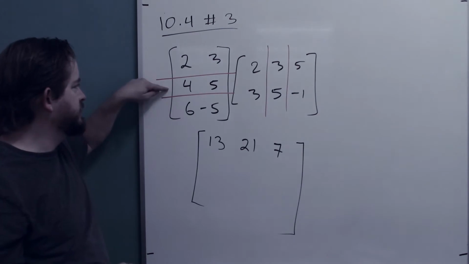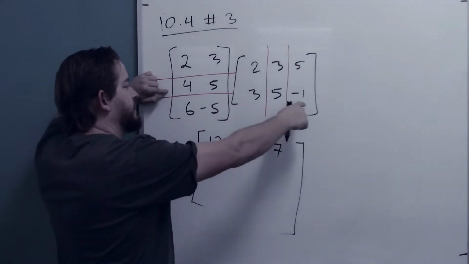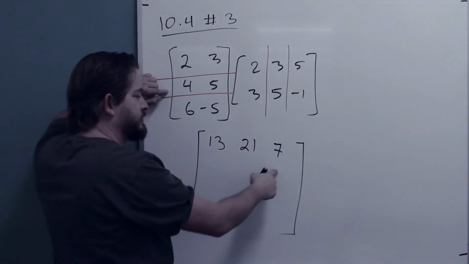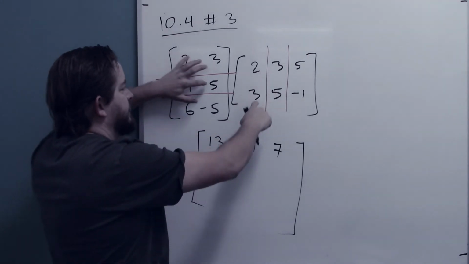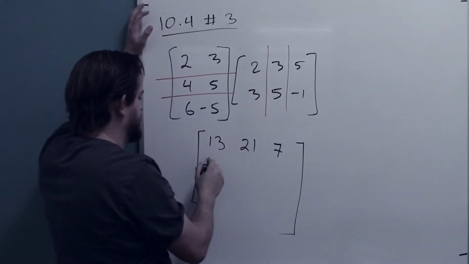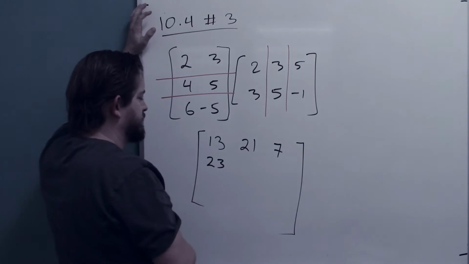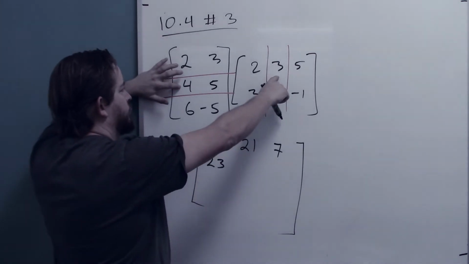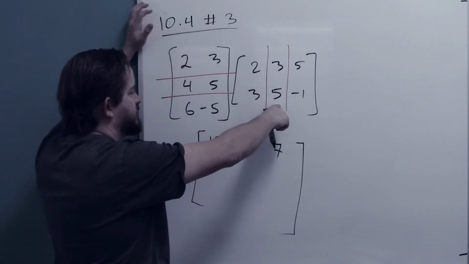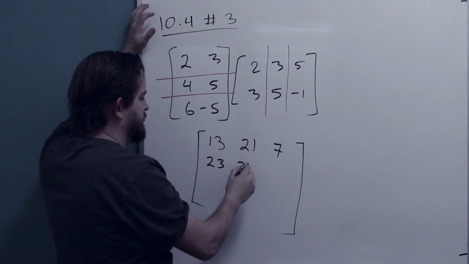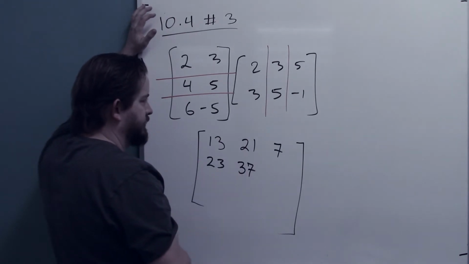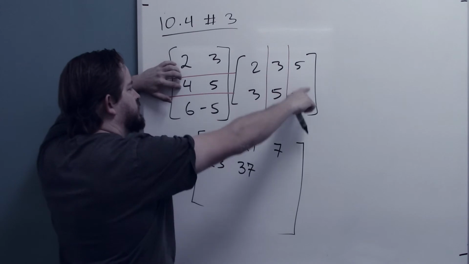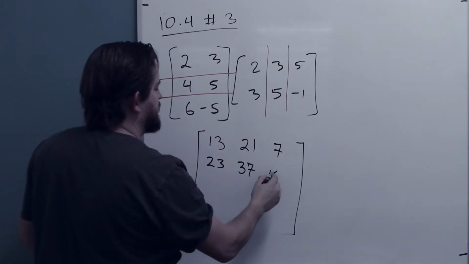So I move down. The second row times the first, second, and third columns gives me the second row, first, second, third column. 8 and 15 gives me 23. 4 times 3 is 12, plus 25 is 37. 5 times 4 is 20, minus 5 is 15.